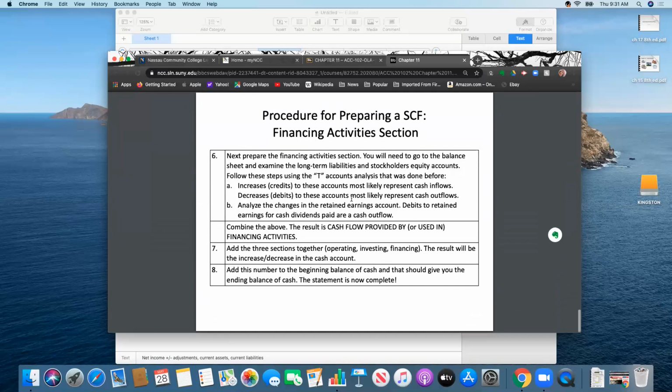If it's not, you made a mistake. Now you're almost finished. Now you have to take that number that you calculated here, number 7, right? You take that number and you combine it with the beginning balance of cash, and that should give you the ending balance of cash. And now the statement is complete.